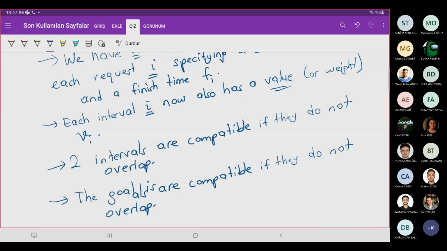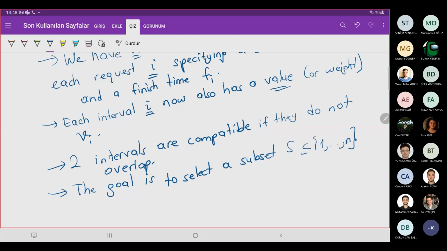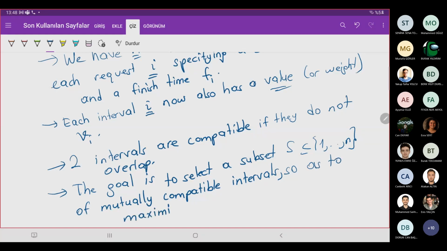The goal is to select a subset of these requests, a subset of mutually compatible intervals, so as to maximize the sum of the values of the selected intervals.